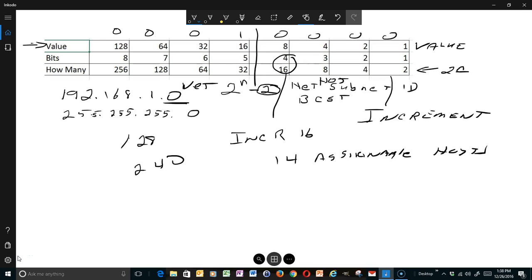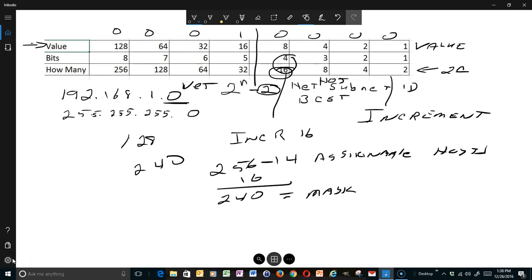Another little key here is if we use the 16, if we use 256 minus 16, the increment, 240 equals the mask. So we can find the subnet mask that way once we know the increment. We get the increment by knowing how many hosts that we want on each of our networks.